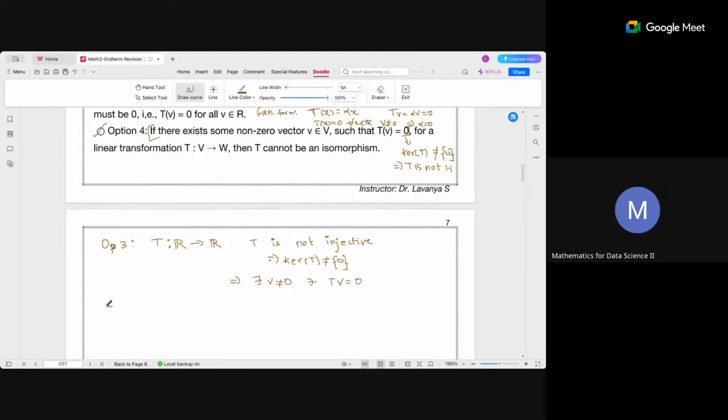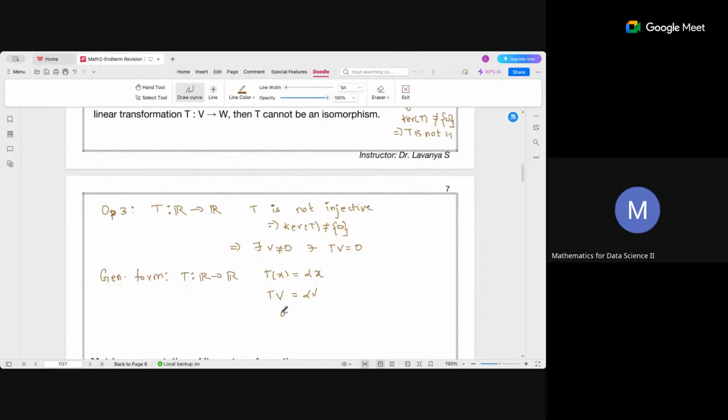Now the general form for T from R to R is T of X equals alpha X. So TV is alpha V. But we already know that TV is 0, and V is non-zero, so this implies alpha is equal to 0.